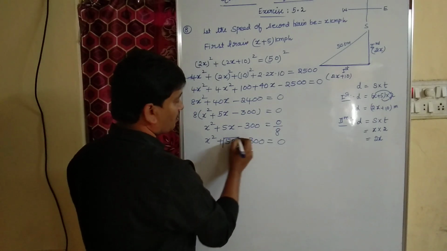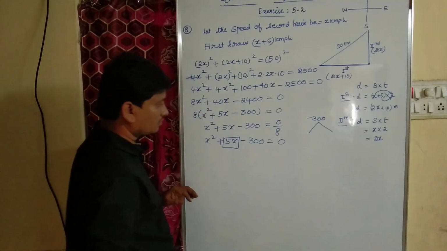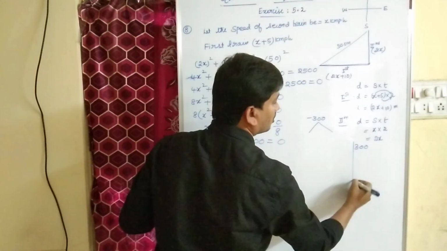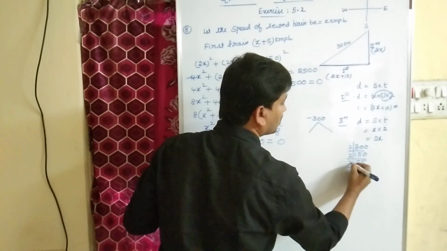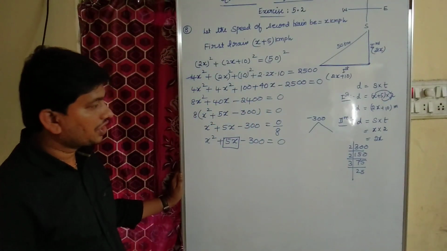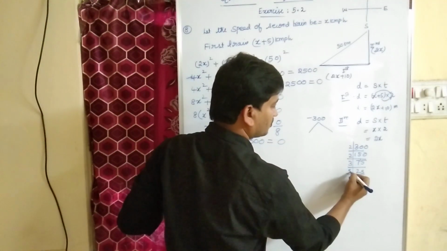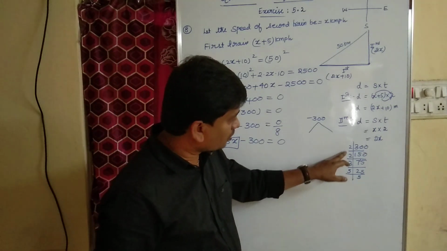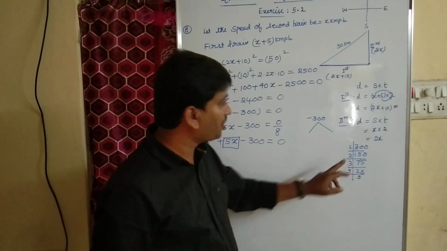So the middle term is 5x, children, and the constant is 300. Which terms will we use? Let us see. 2 150s, 2 75s, 3 into 2 is 6... no. 5 table, 5 5s are 25... 4 5s are 20. 20 into 15.